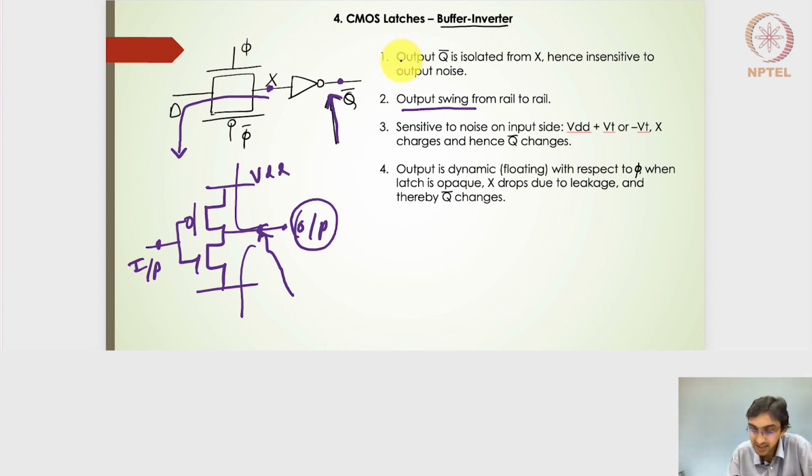And lastly, it is still sensitive to the noise on the input signal, right? If I have some kind of input noise here, it can get reflected at the X node, and changes in the X node will have an effect on the Q bar signal.